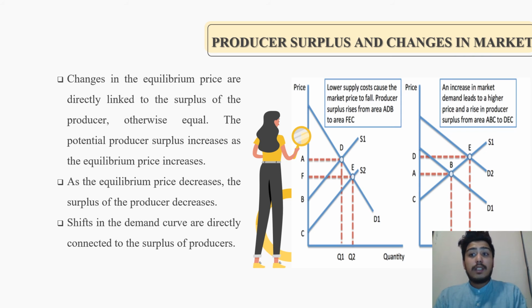It increases from area ABC to a bigger area DEC. Producers earn a higher producer surplus, and the supply cost falls on the left hand side.